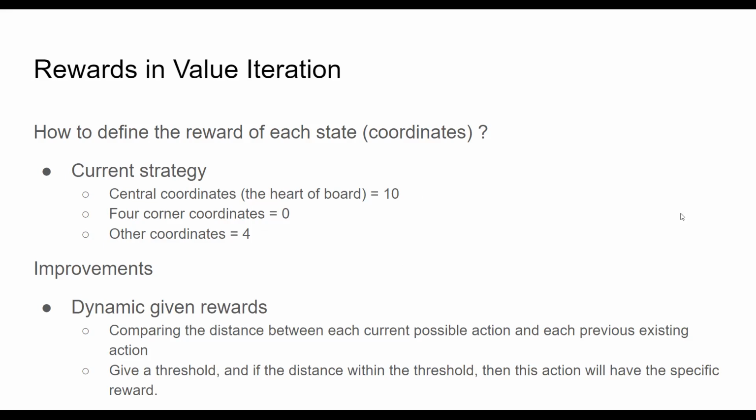But our current strategy is that we set the central coordinates to 10, the 4 corners to 0, and the others to 4. And it seems not to perform as well as we expected. So the improvement we think might achieve better performance is to give dynamic rewards, which means that we compare the distance between each current possible action and each previous existing action, and make a threshold.